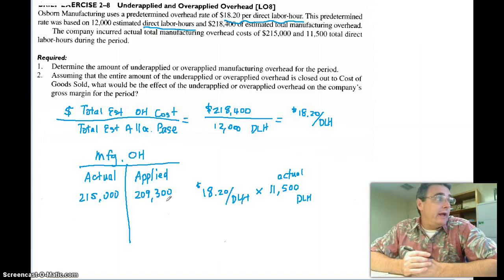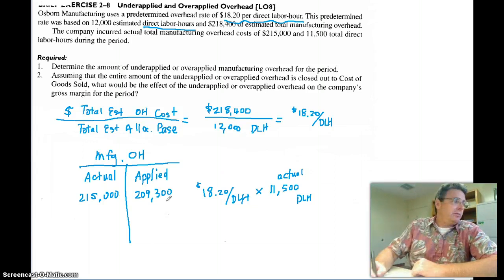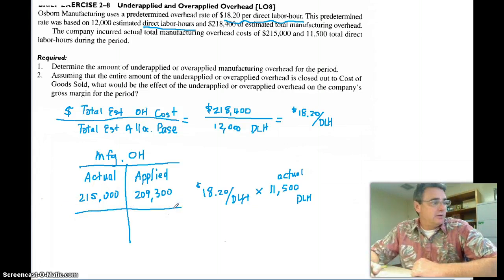So now how do you answer requirement 1? Determine the amount of underapplied or overapplied manufacturing overhead for the period. We simply need to calculate the balance in our manufacturing overhead account. Do you know what the balance is?